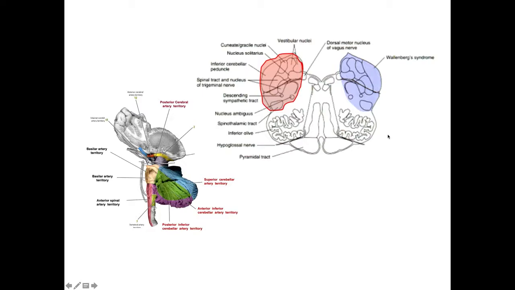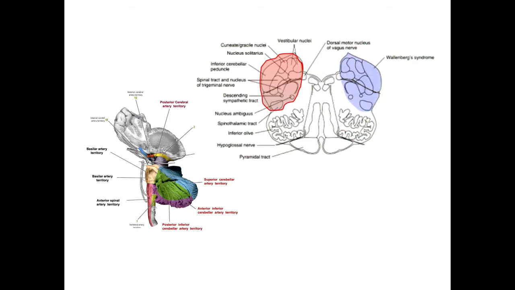The main idea is that in Wallenberg syndrome, which is a blockage of the posterior inferior cerebellar artery, we see this loss of these tissues here. And so there are issues that come up with the sympathetic nervous system, the trigeminal nerve here, and some of the different nuclei that are important for feeling. And in addition, the vestibular nuclei here. So when people have Wallenberg syndrome, lesions of the vestibular nuclei are linked to vertigo.